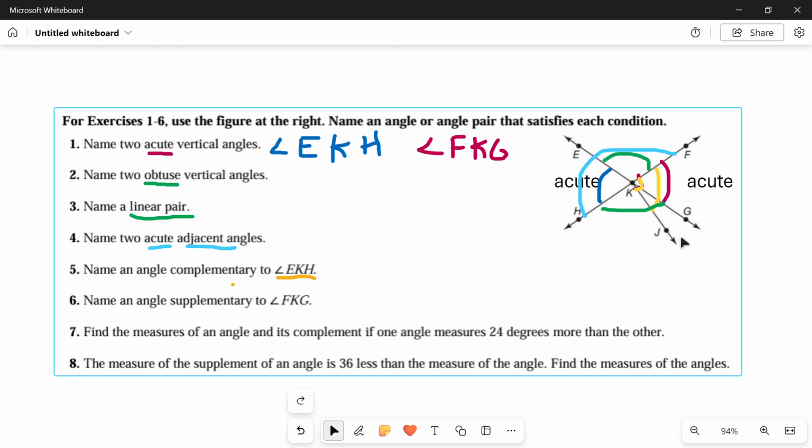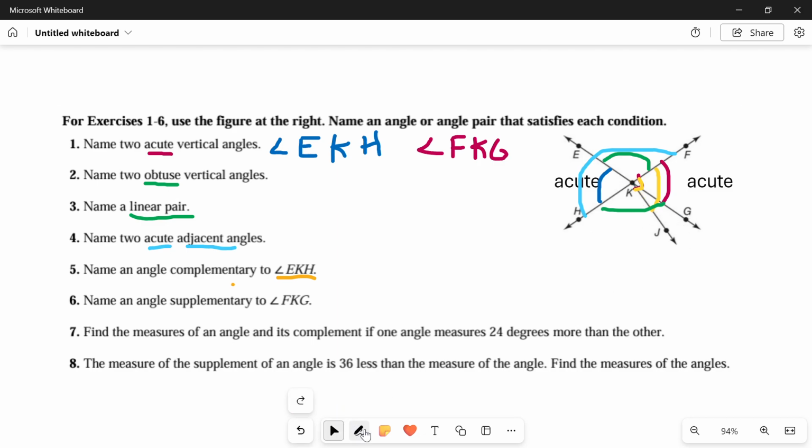Let me try undoing that. Here we go. I know that GKH, FKJ, if I add this angle to that angle, together they make 90. So since these two are congruent, I would say a complementary angle to EKH is GKJ.